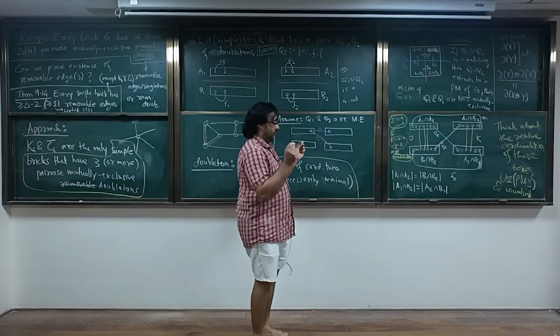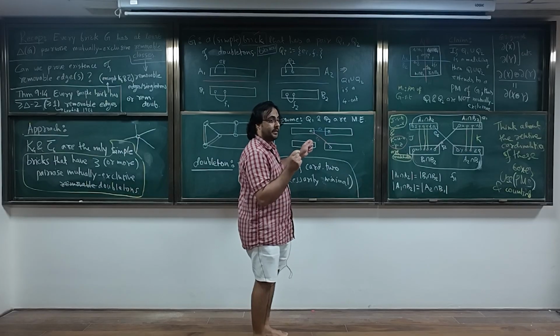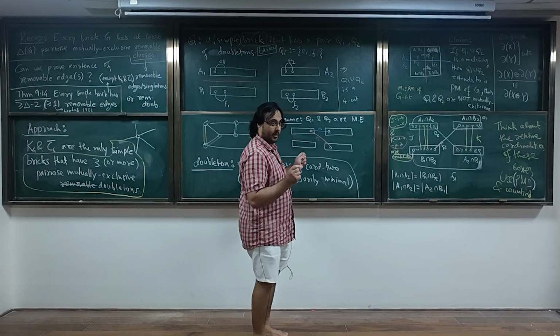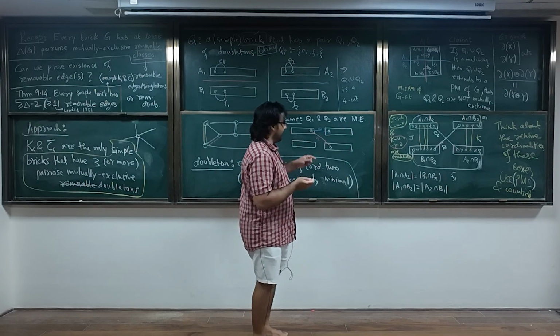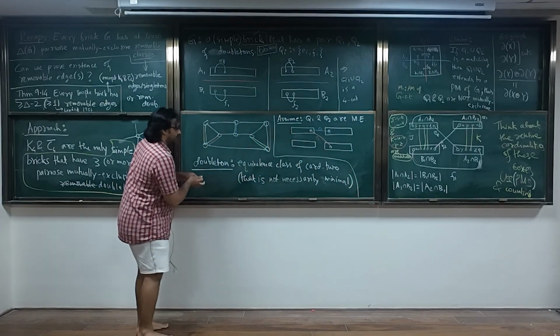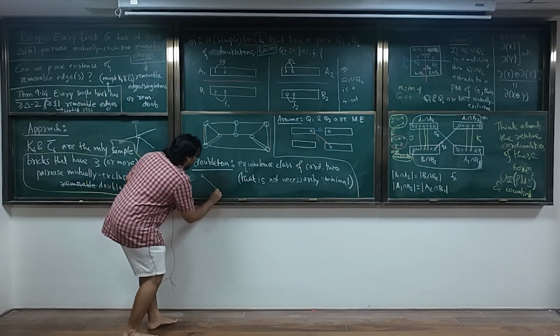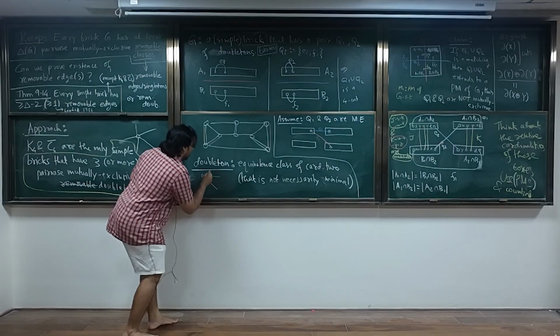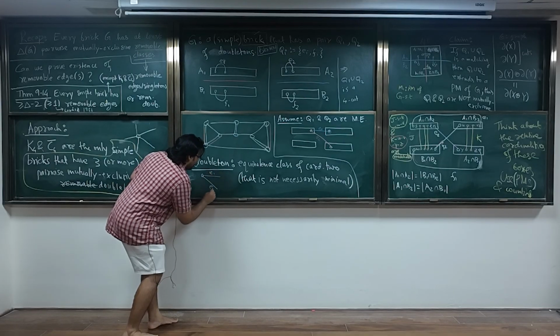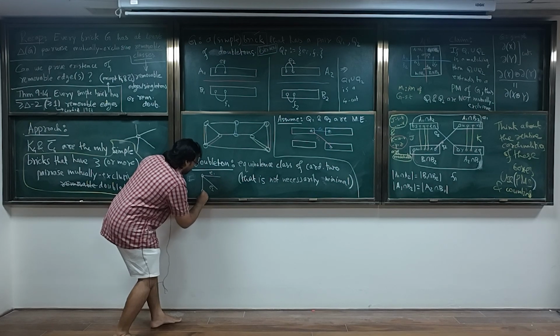I would like to convince you that if this happens, then actually something much more than this should happen. Okay? If this happens, here is what we will do. I want you to convince yourself, maybe try it. If this happens, then not only are E1 and E2 adjacent, actually F1 and F2 are also going to be adjacent.